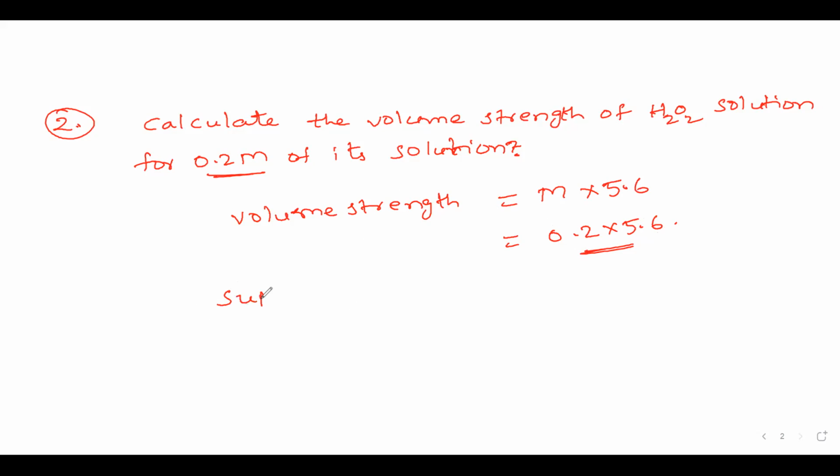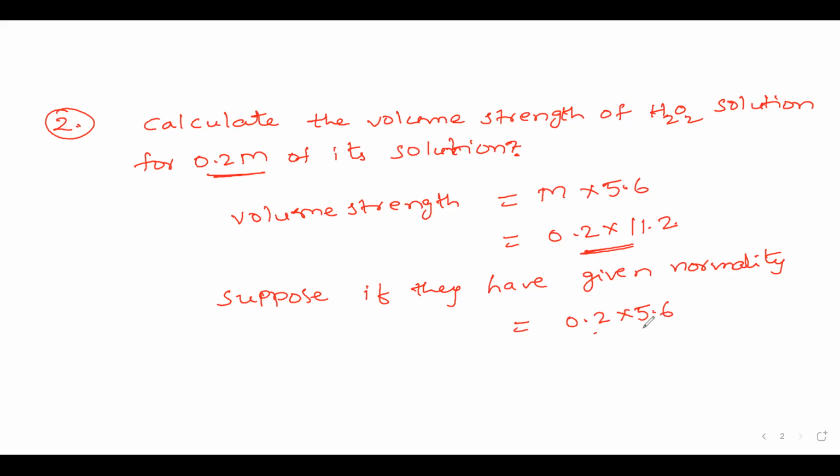Suppose if they have given normality, that is 0.2 into 5.6.